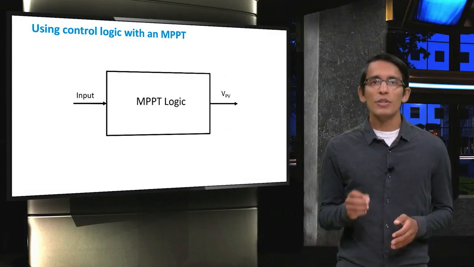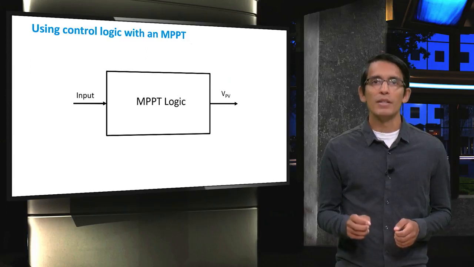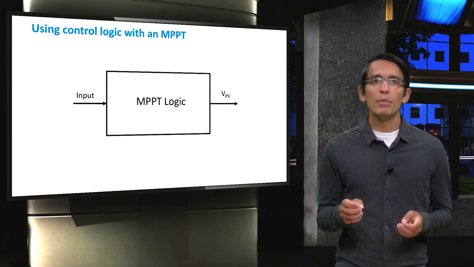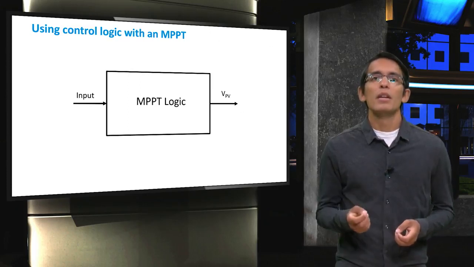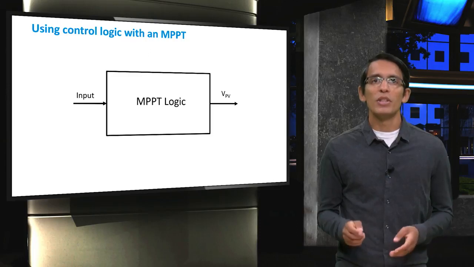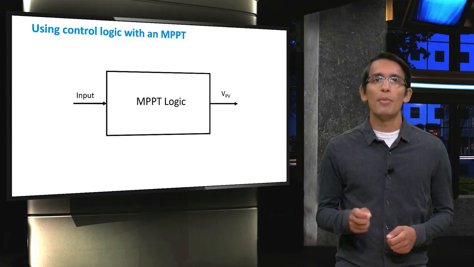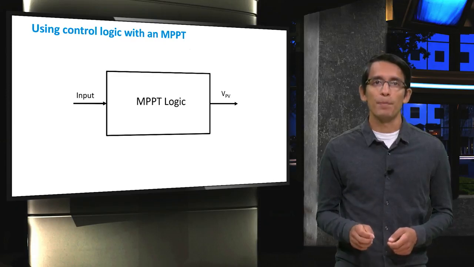However, they all use the same basic principle. That is, a certain parameter value from the system is used as an input, and through some sort of logic, the MPP voltage is calculated. Then, using power electronics, the system will apply this calculated voltage to the PV panels, and they will then be operating at their maximum power points.